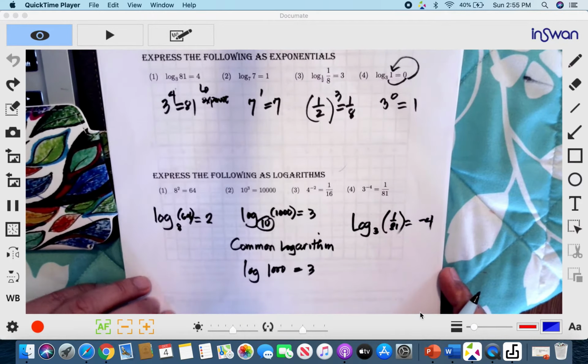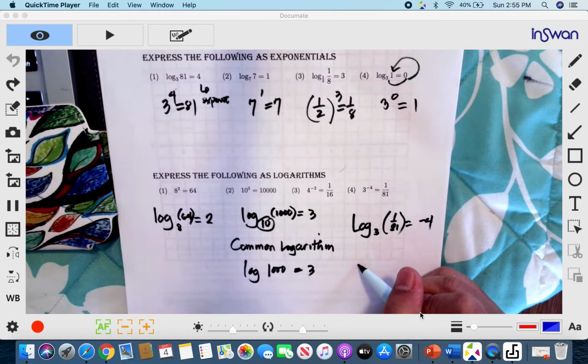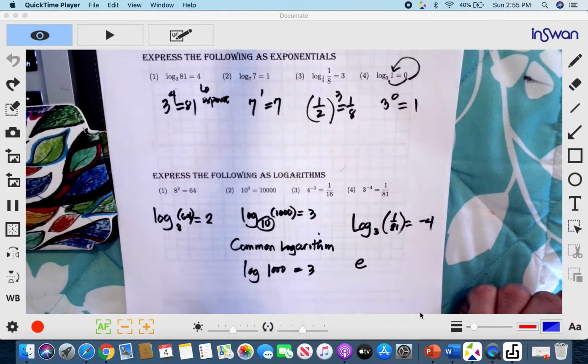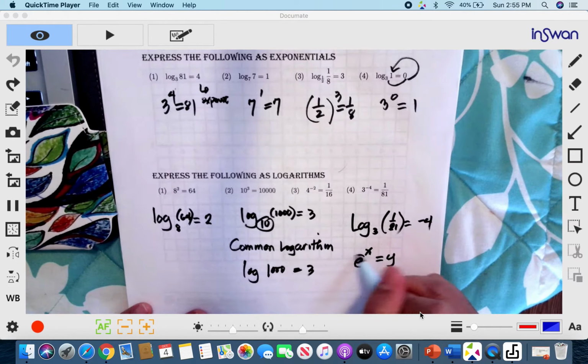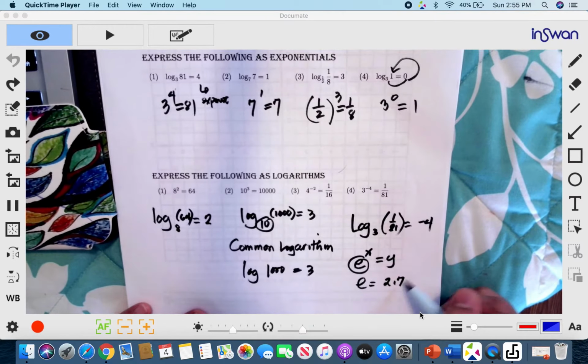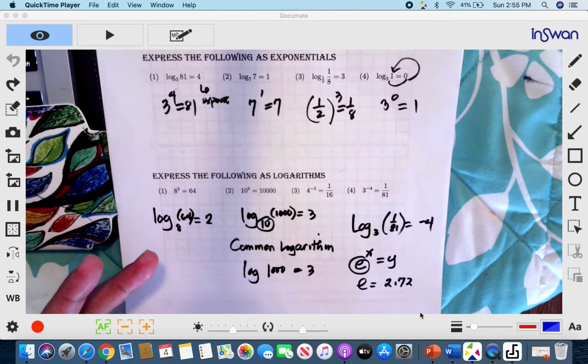Another concept of logarithm that's not really mentioned here is the constant e, or let's say I have e raised to x equals y. This is an approximate value equal to 2.72. We use it with continuous compounding because there is a principle that you remember: banks are giving us a rate of interest 1 plus r.